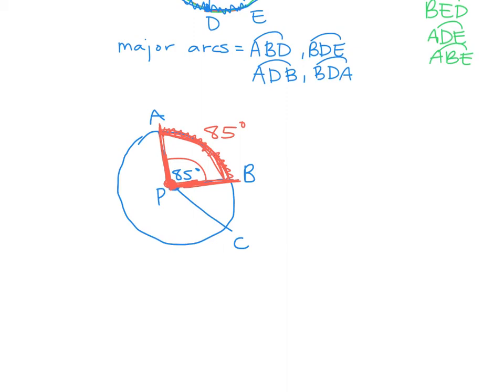The other thing you need to know is that if we take the measure of arc AB and we add it to the measure of arc BC, it will equal the measure of arc AC. This is called the arc addition postulate.